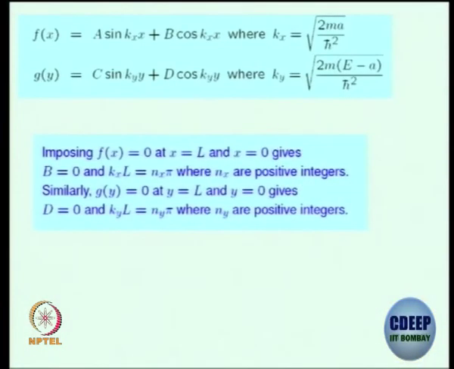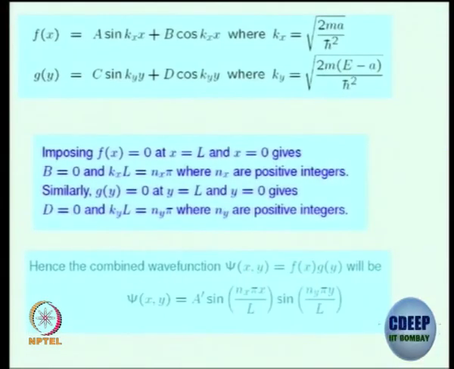You impose the condition that f of x equals 0 at x equal to 0 and x equal to L, which will make b equal to 0 and kx will be quantized. Similarly, ky will be quantized and d will be 0. So, the combined solution for a two-dimensional particle in a box, up to a normalization, is a product of two sine functions, exactly similar, with nx as one integer quantum number and ny as another integer quantum number.